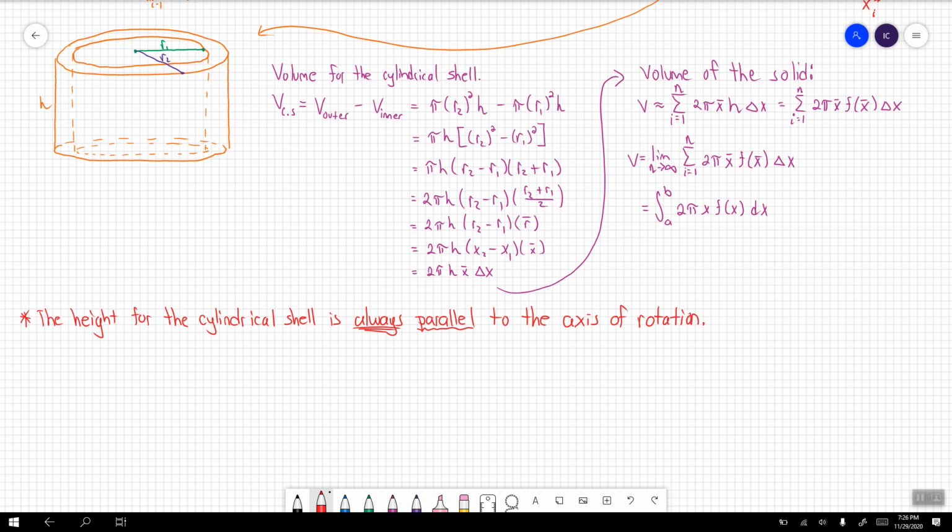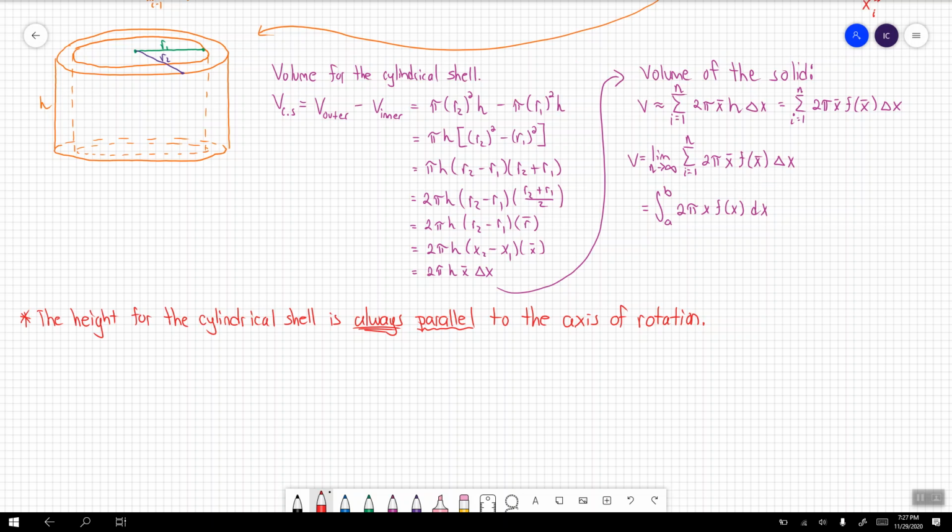Now again, this allows us to work in two different ways. Number one, we can work with the shell method to find the volume of the solid that's being rotated about an axis, as long as the cylindrical shells that we observe are parallel to the axis of rotation.